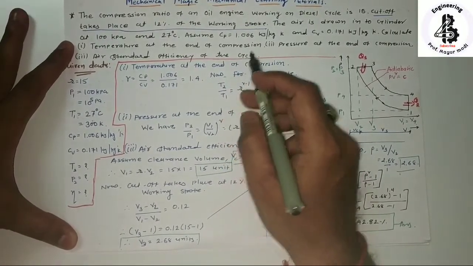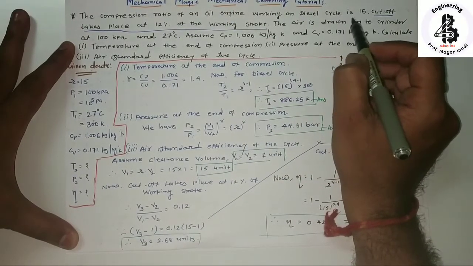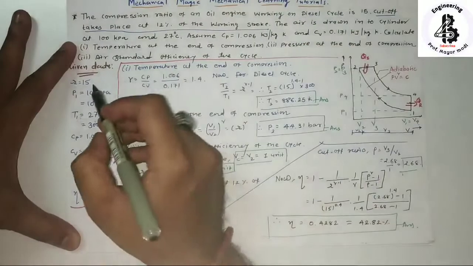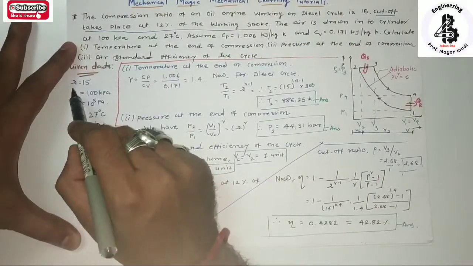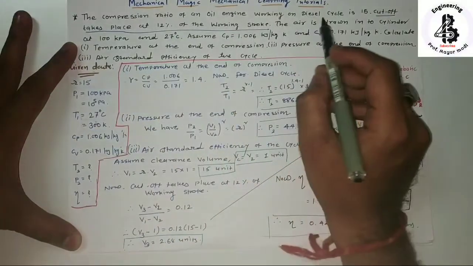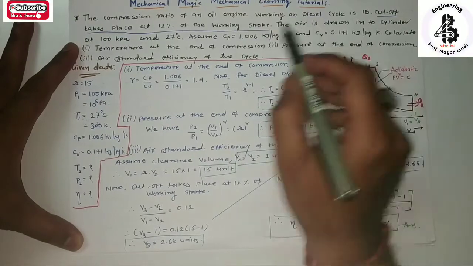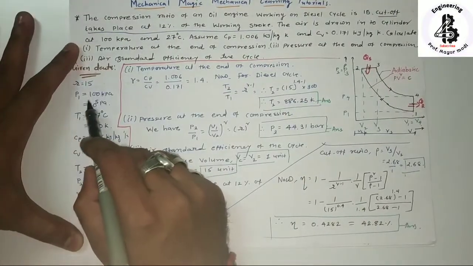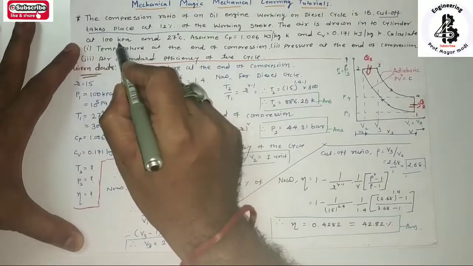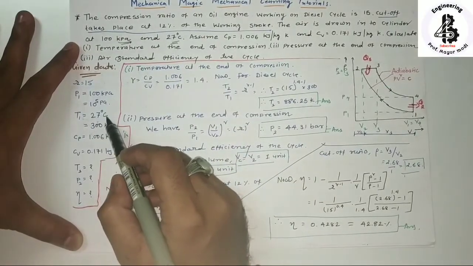So the cycle is a diesel cycle over here, and the compression ratio is given as 15. So compression ratio, represented as R, is equal to 15. Then the initial pressure is given to you, P1 is 100 kilopascals, at the temperature T1 of 27 degrees centigrade.